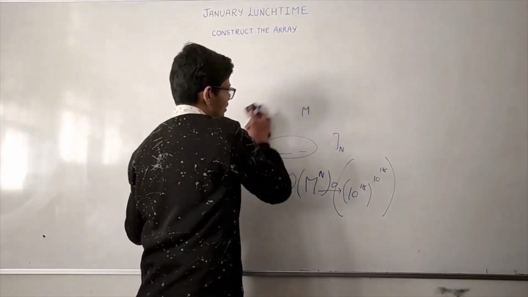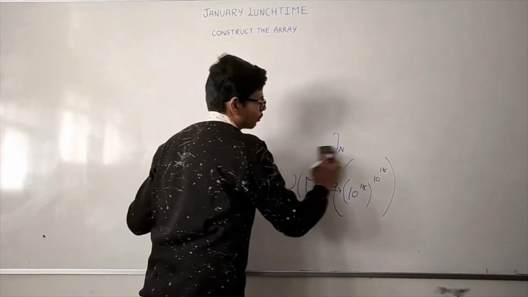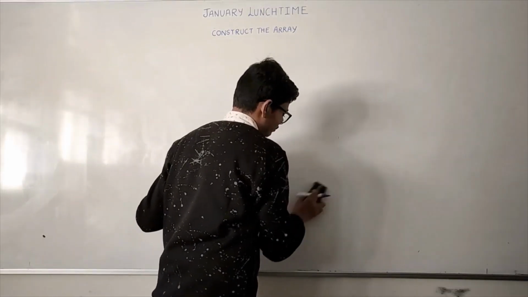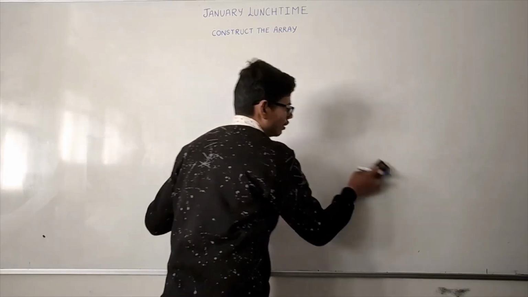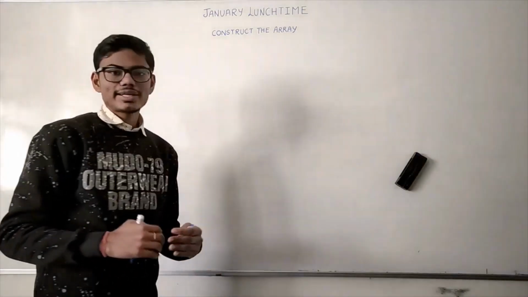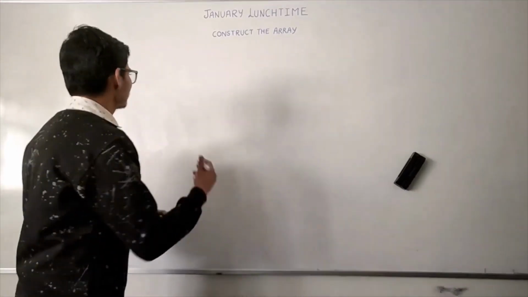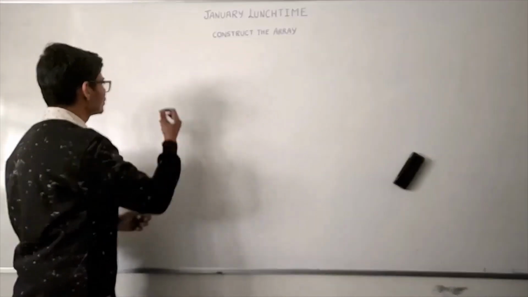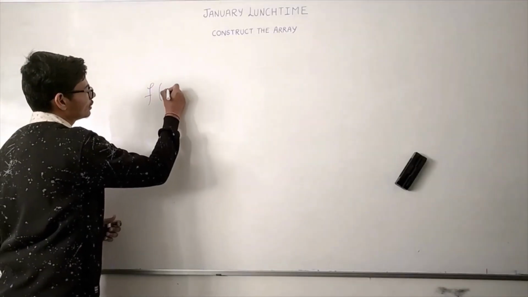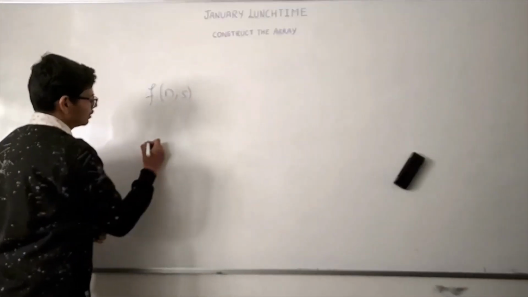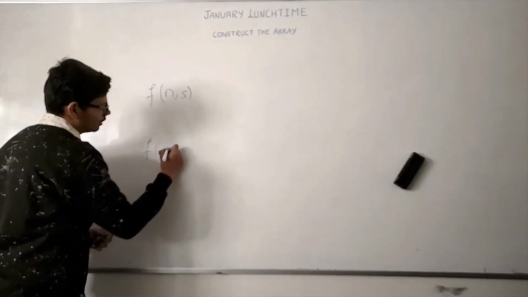Now for optimization, we can use dynamic programming. Before moving to the dynamic solution, I will first introduce two terms, f of n comma s and f of n comma d.